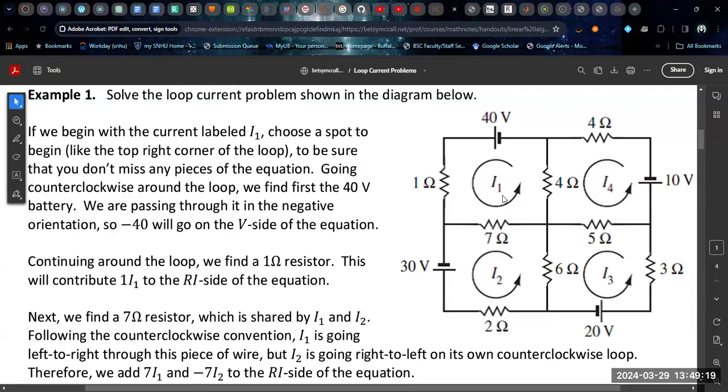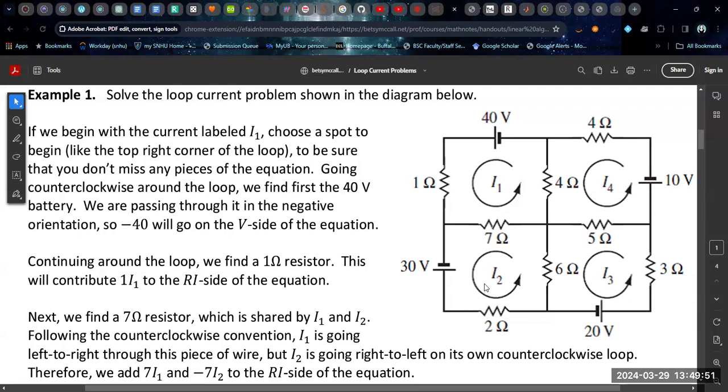Since we have 4 currents to solve, we're going to need to set up 4 equations. Again, there are multiple different kinds of loops that you can construct in any diagram like this. Just because I've chosen this convention, which is a standard practice in linear algebra, you just need 4 equations in order to do this. You can designate your loops either as I've done or in a slightly different configuration, and you'll still get the currents.